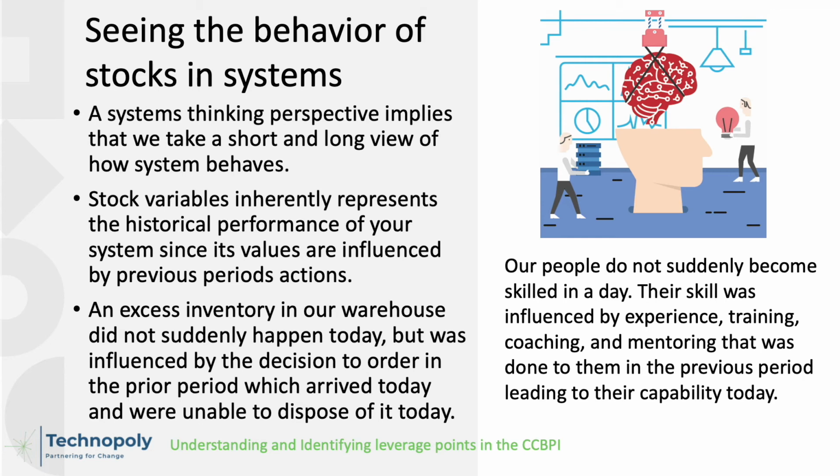Stock variables are capable of representing a historical performance of your system, since their values today may have been influenced by the values yesterday. An example here would be looking at an excess in our warehouse, which did not suddenly happen today, but was influenced by the decision to order in the prior period, which arrived today, and we were unable to dispose of it today.